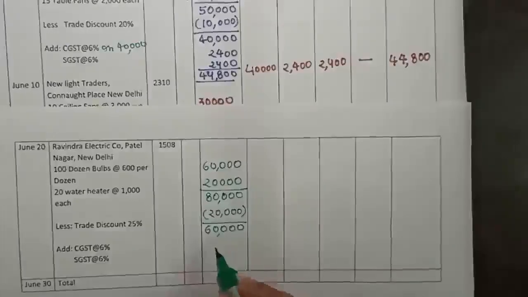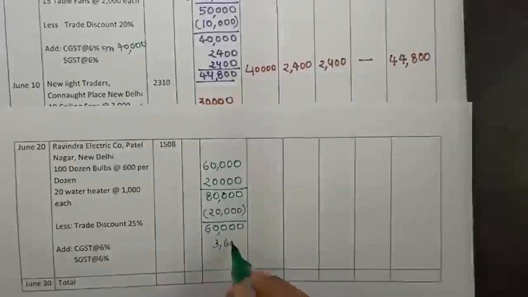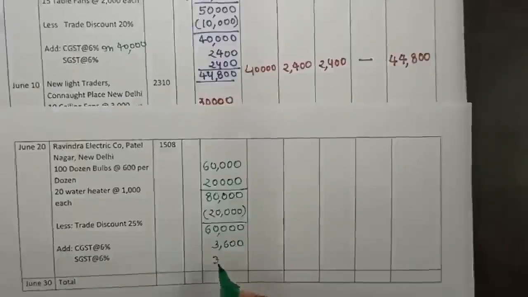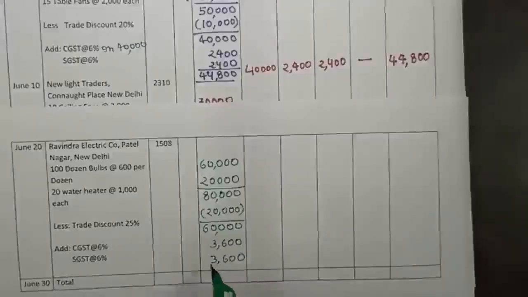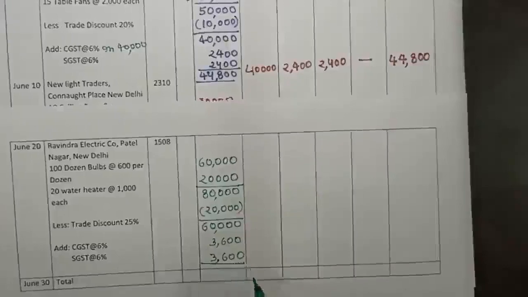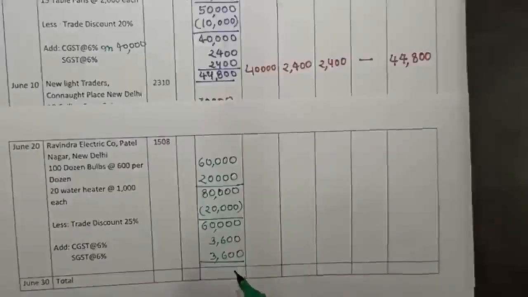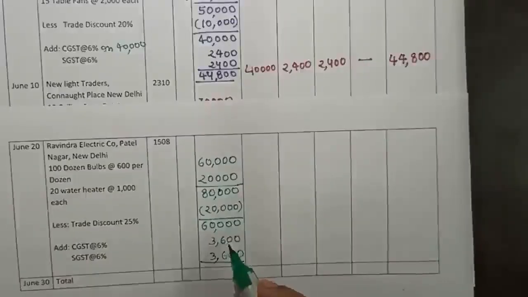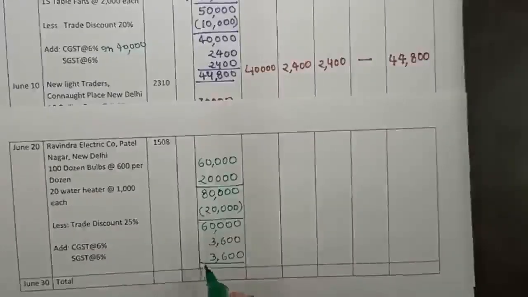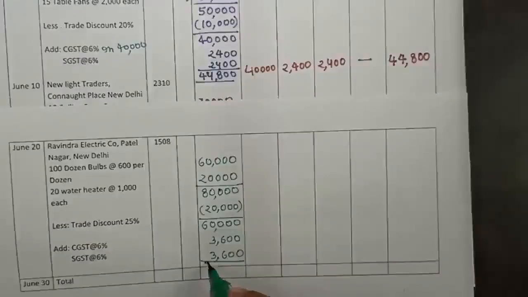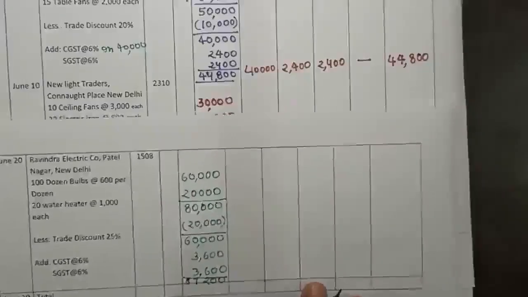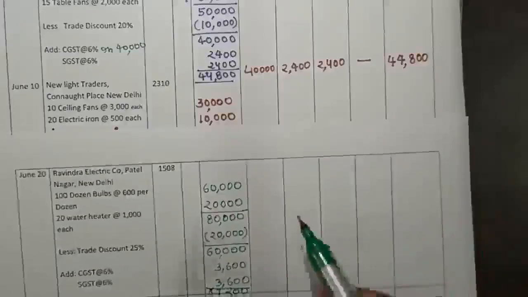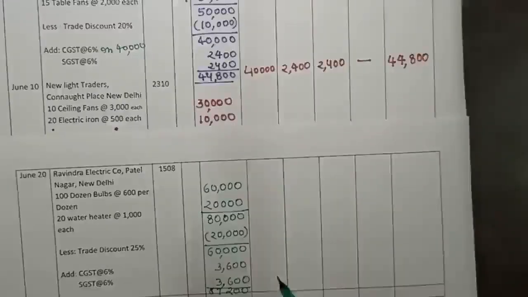So it will be 3,600, 3,600. Now here what we are going to do is the total. The total will be how much? 60,000 plus 3,600 plus 3,600, it will be 67,200.